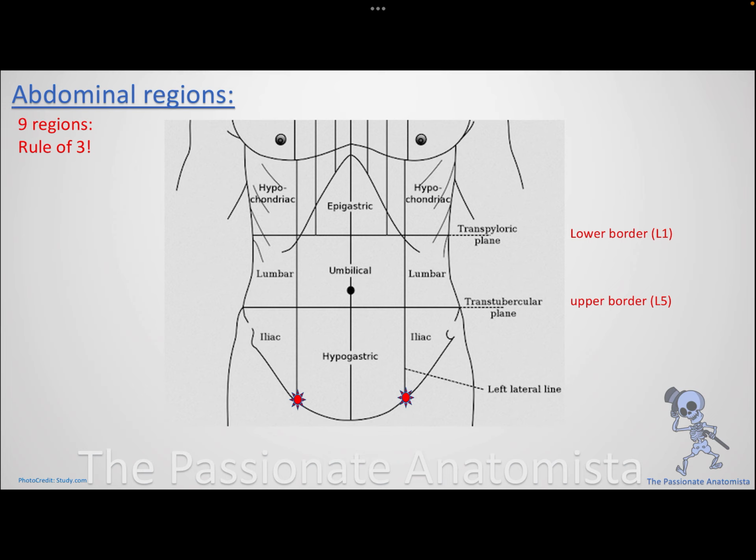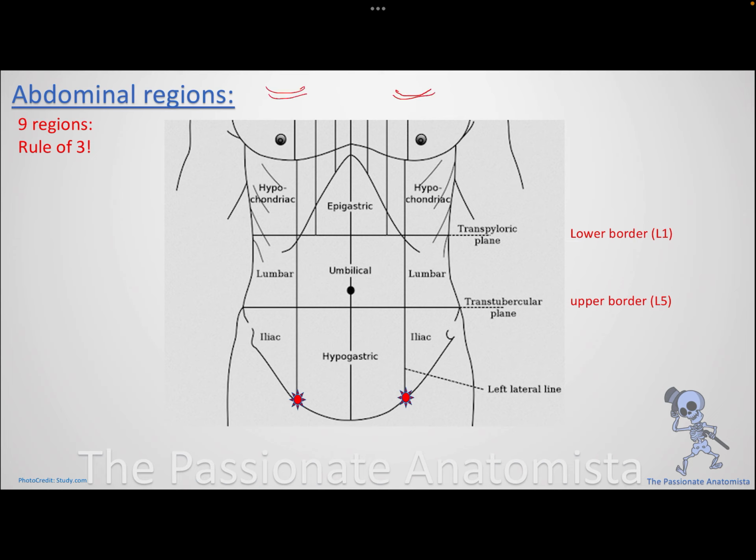So how do we divide the abdomen into 9 regions? We have one midline line that goes from the jugular notch all the way down to the symphysis pubis, passing through the umbilicus. And then we have 2 lateral lines. You know that you have the clavicle here.